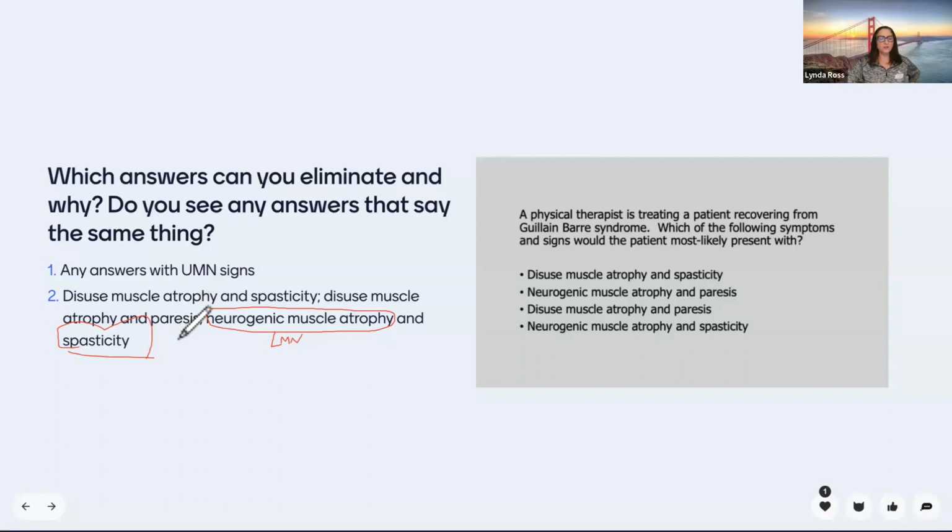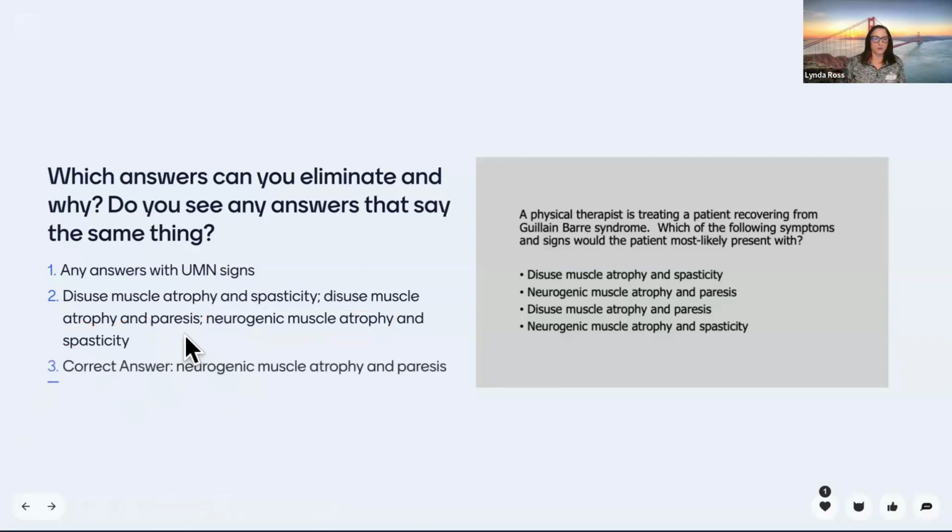It's not put in there to be tricky, it's put in there for you to think and to really show competency that you know the difference between upper motor neuron, lower motor neuron, peripheral nervous system, and central nervous system. So the correct answer is neurogenic muscle atrophy and paresis.